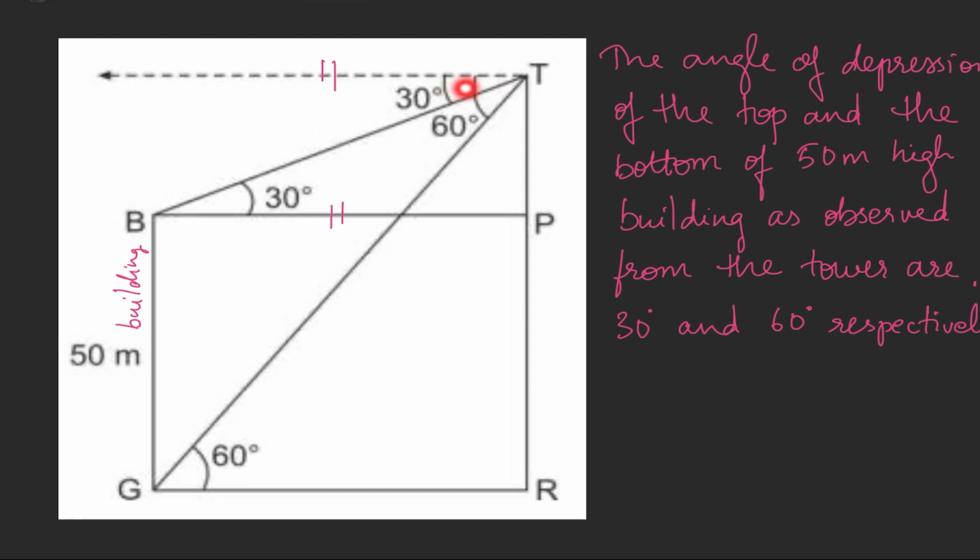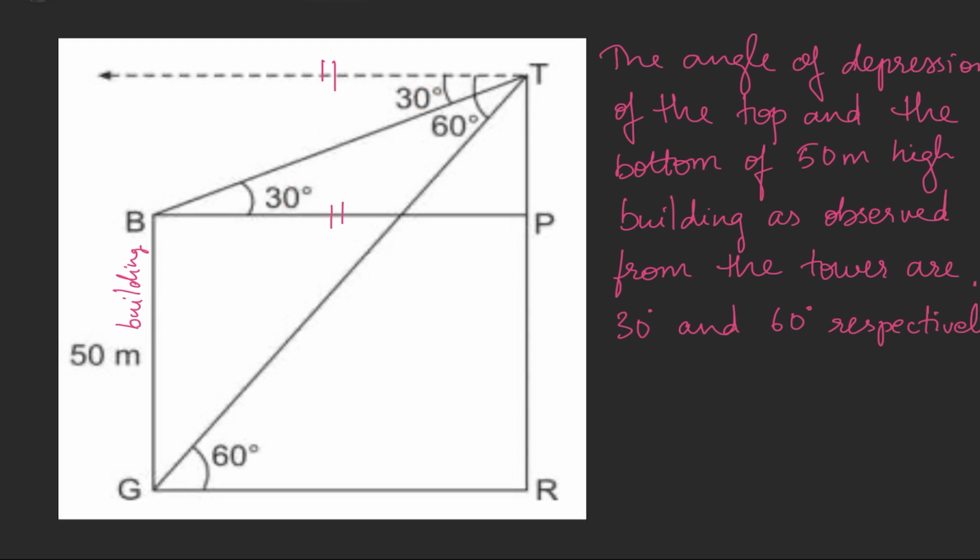So, this angle at T here will be 30° and the angle here at B will be 30°. So, we came to know that the angle of depression, how it should be marked and how the alternate angles will be marked, and how we mark it from the horizontal line. When I am looking at the top of the building, I will be drawing the parallel line from the top of the building itself so that these two angles will be equal.